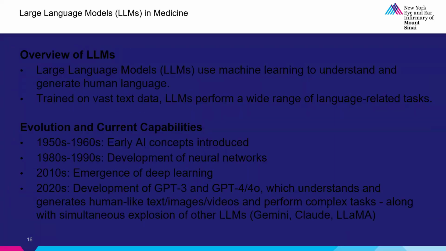And so this is just a little bit of an overview of large language models that Dr. Stein has already covered. So I'm just going to gloss over this in the sense that from the 1950s to the 2020s, there have been rapid changes in the development of large language models. In the 2020s, GPT-3 and GPT-4 came out with very sophisticated ways of understanding text as well as images, and then the explosion of subsequent large language models with Gemini and Claude and Llama from Meta.